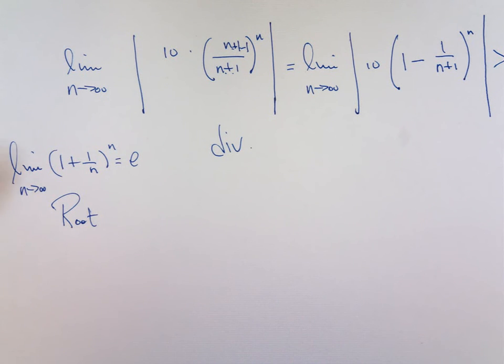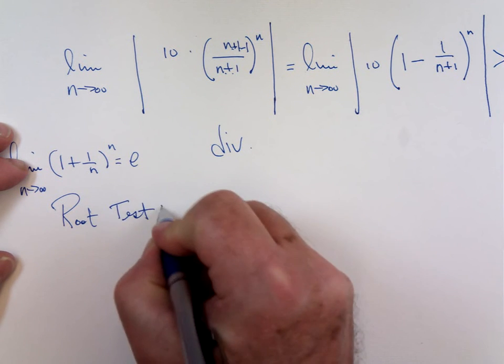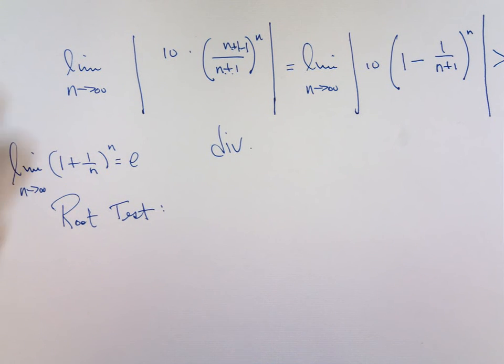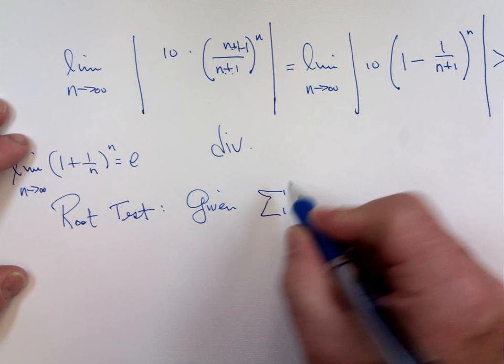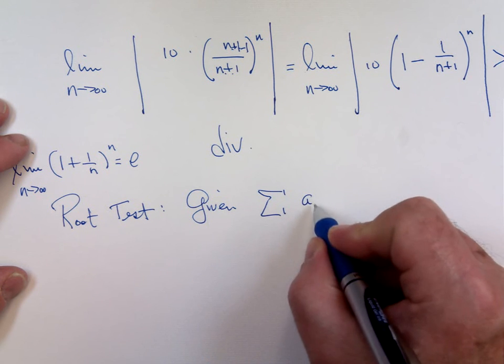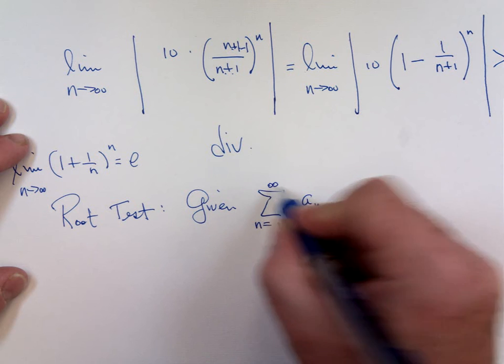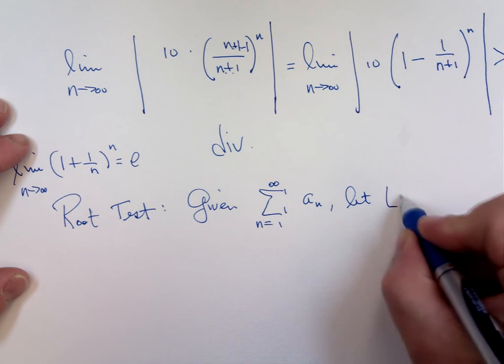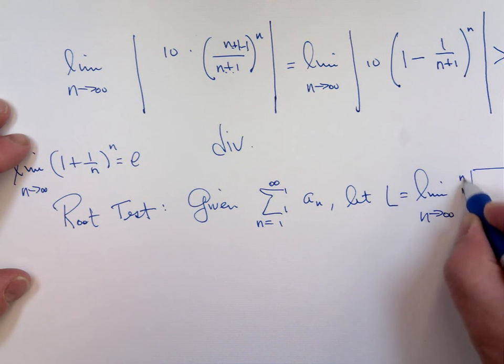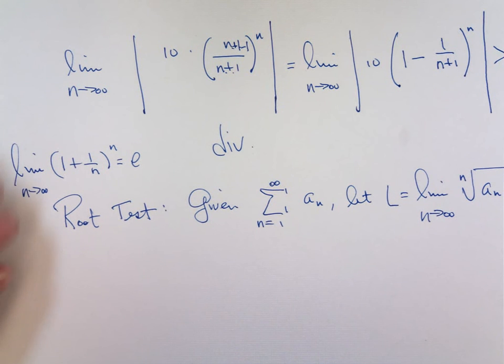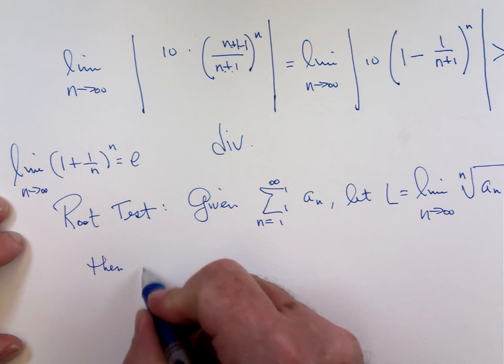A root test, given some series. Let L be the limit as n goes to infinity of the nth root of the nth term. The nth root of the nth term. Then, if L is greater than 1, the series diverges.